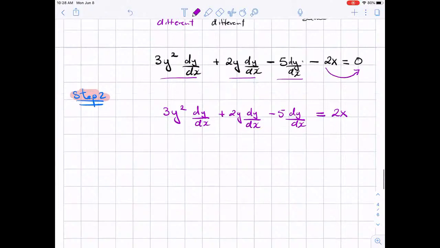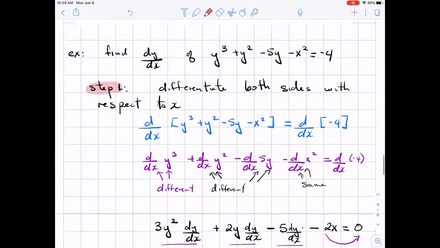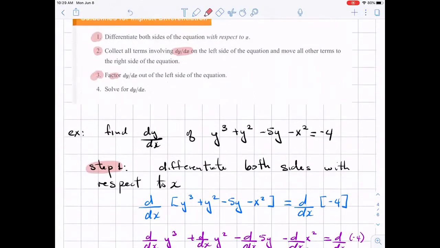Now we move to step 3. Step 3 says that we factor out, okay? So we're looking at step 3 now, which says factor out dy/dx.